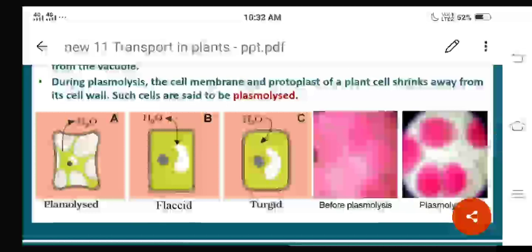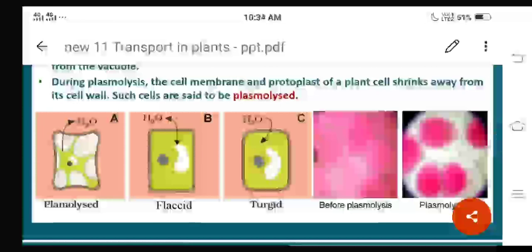Otherwise, we can take an onion peel and study plasmolysis by keeping the epidermal cells in a highly concentrated or hypertonic solution.